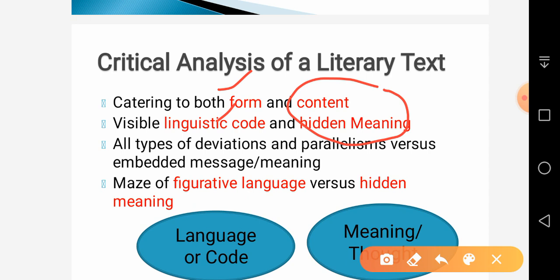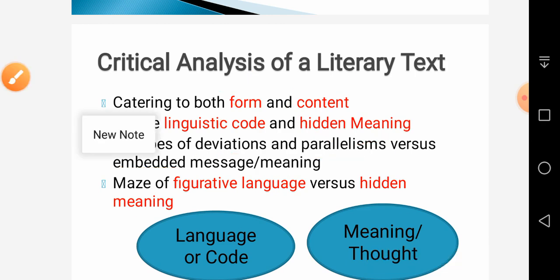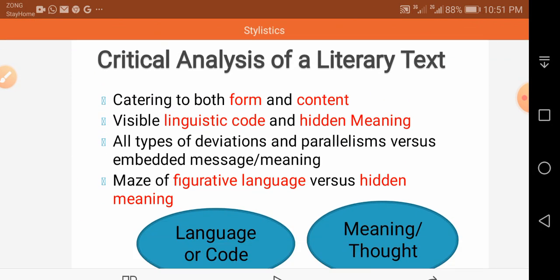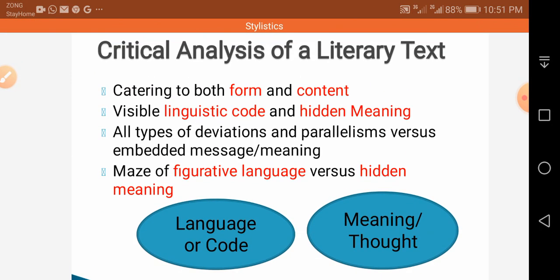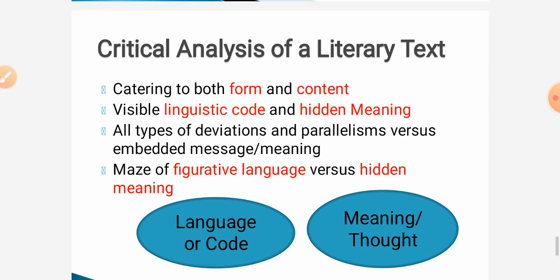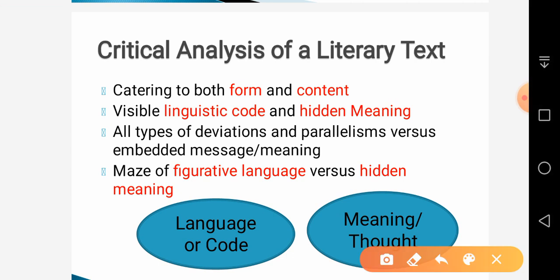Like all types of deviations and parallelism versus embedded message or meaning. Again, there is an embedded message which is hidden, and on the surface are deviations and parallelism. Now, through the maze of figurative language, we have to get at hidden meaning.